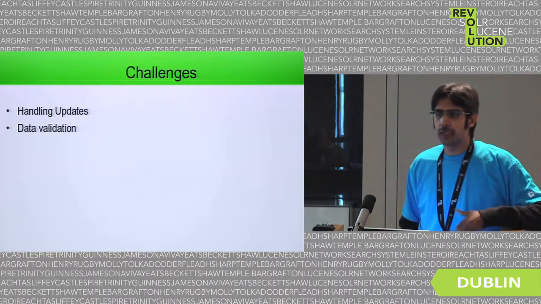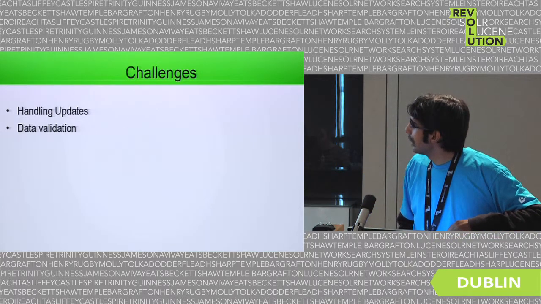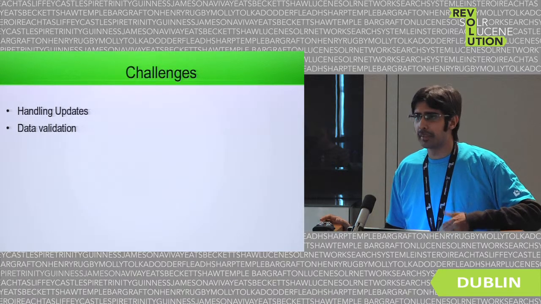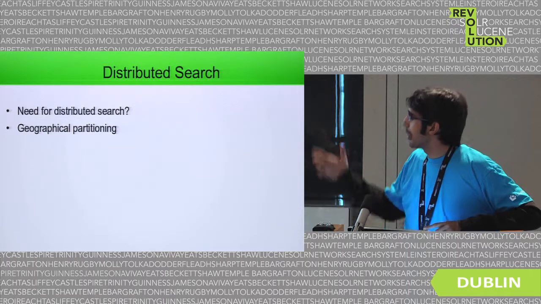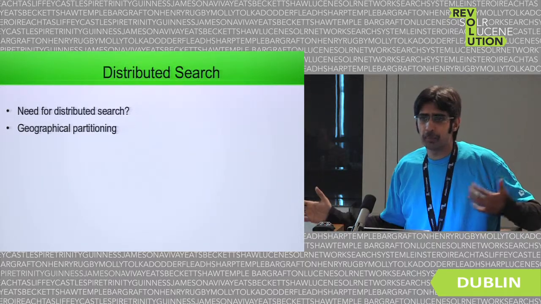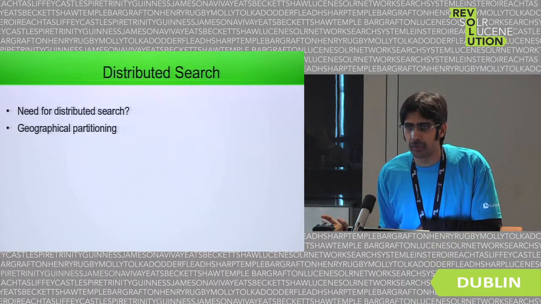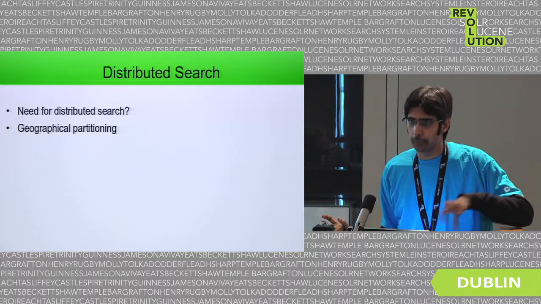The other things to keep in mind and ponder about as the system grows would be the need for distributed search. Currently, as I said, Nominatim is based off a single, very powerful server. Would it make sense to have geographical partitioning, whereby you have Africa in a separate shard, Asia in a separate shard, Europe in a separate shard?